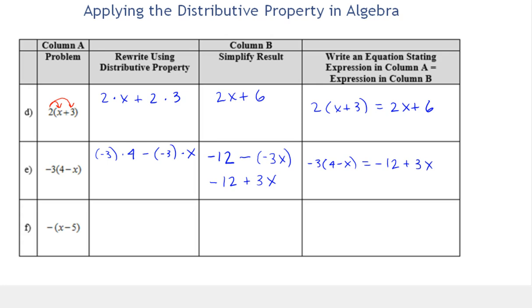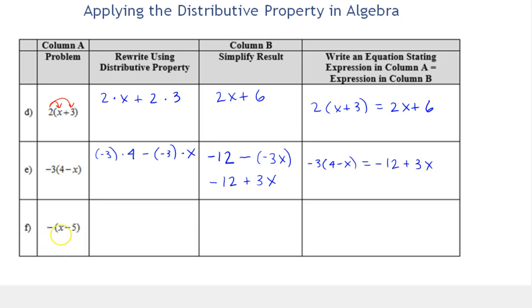Okay, and just to start you looking at patterns, notice when the outside number is negative, the 4 was positive, we multiplied it by a negative, and now we have negative 12. And then we had a negative and subtraction turned into a positive. Okay.